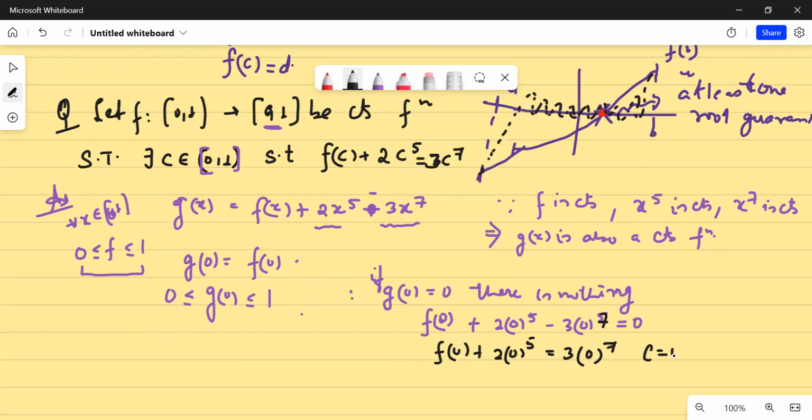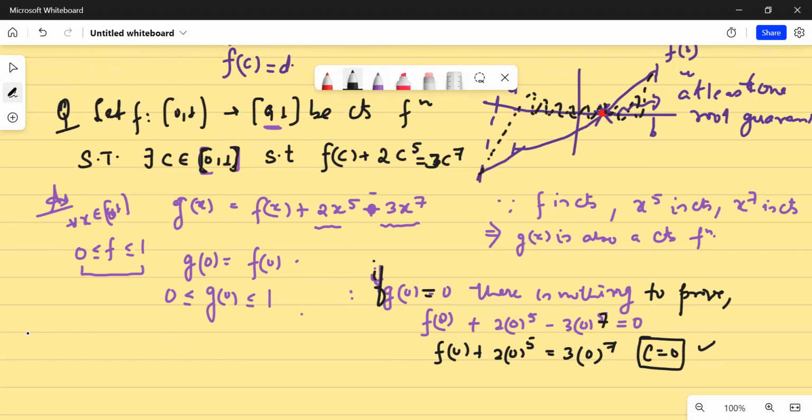So here clearly c would be equal to 0. Is that clear? So you have found one c which belongs to the closed interval [0, 1], such that f(c) plus 2c to the power 5 is equal to 3c to the power 7. So if g(0) is equal to 0, then there is nothing to prove. Did you understand?